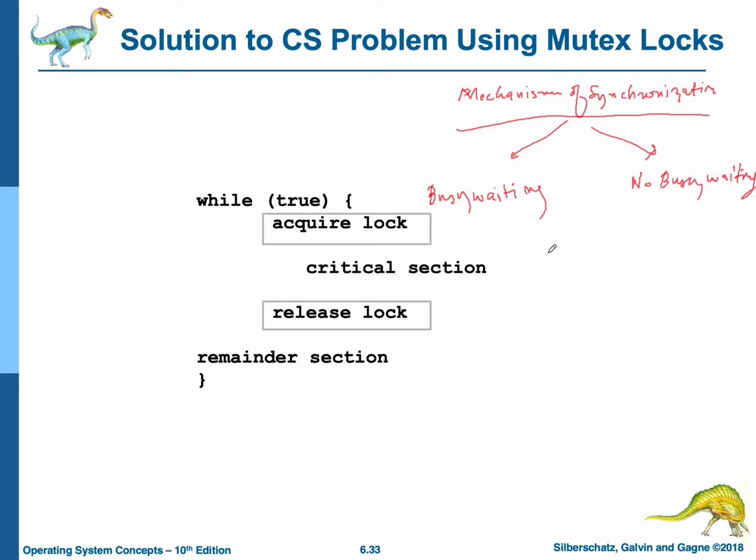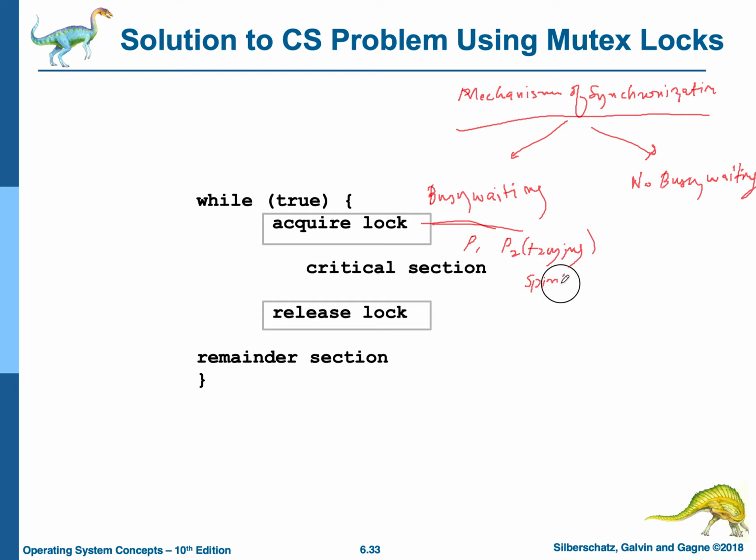Now in busy waiting, what happens is that if P1 is in the critical section, then P2 keeps on trying. Or we also have spin lock.